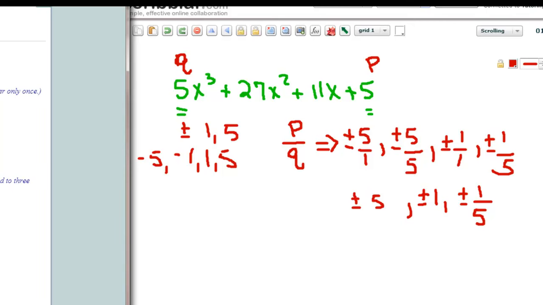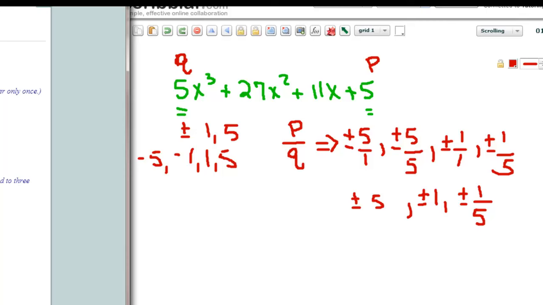So -1 over 5, comma, and we have 1 over 5. And so there are your possibilities.